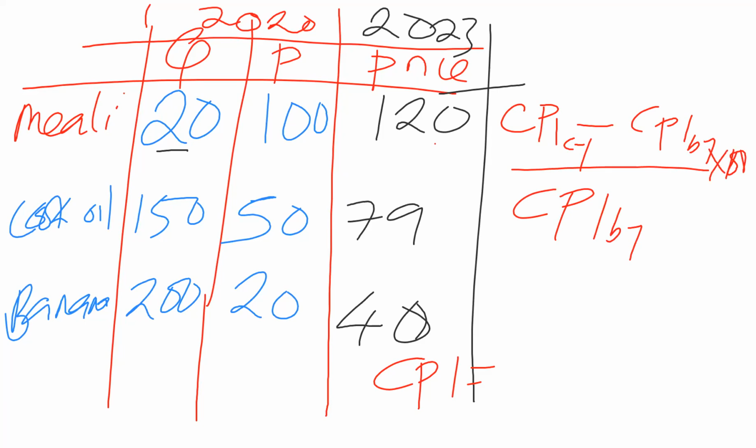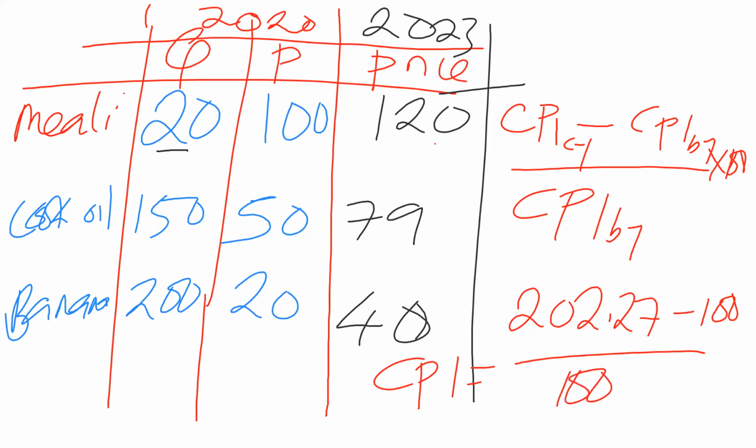Have you seen that? The CPI for the current year was 202.27 minus the base year 100% divided by 100% times 100%. Is that right? What do you find?